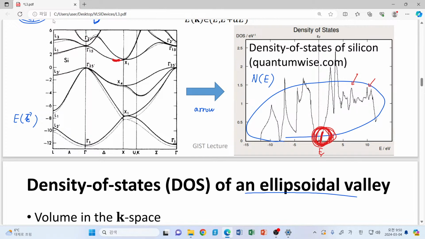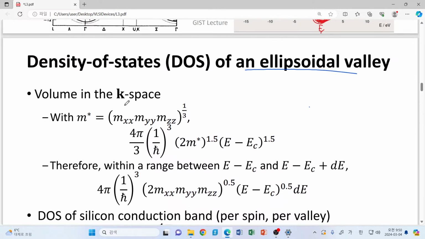Okay, now everybody understand, calculation of density of state is nothing but just calculating the volume inside our K-space.